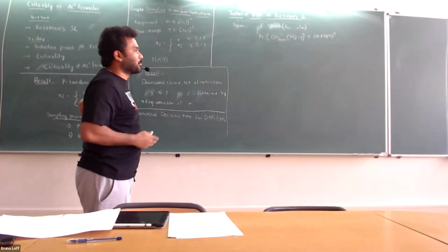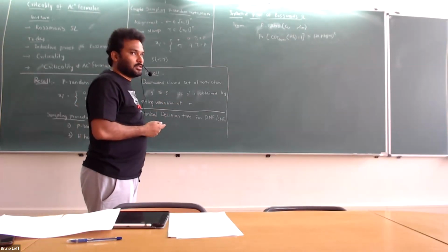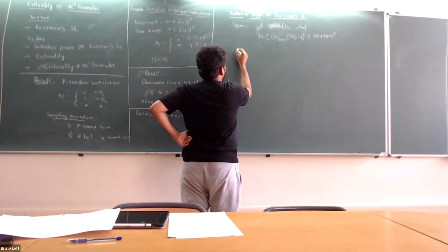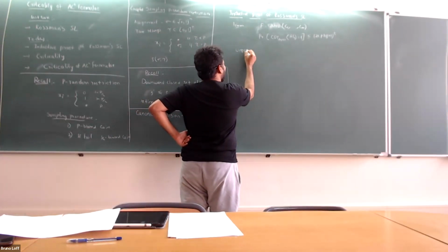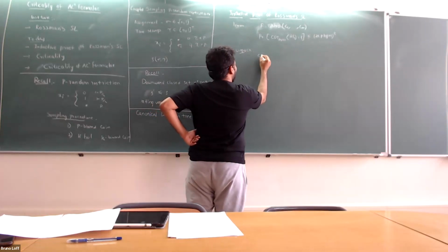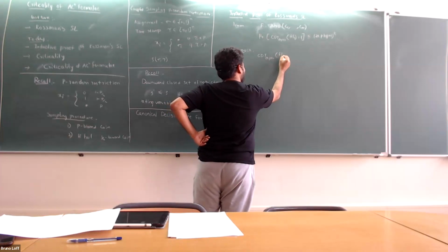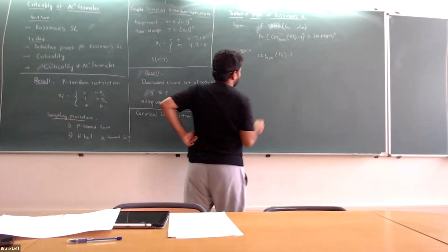Yeah, the inductive version of the proof uses the restriction closure. So let's see what happens. Let's unpack this statement. What does it mean to say that the canonical decision tree of F has depth t?